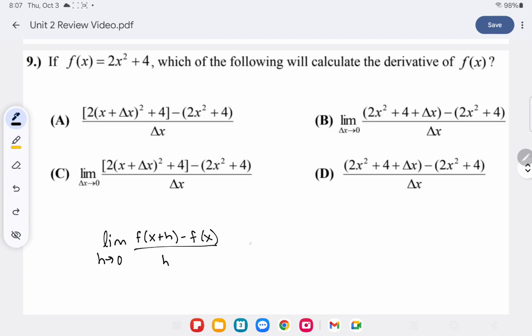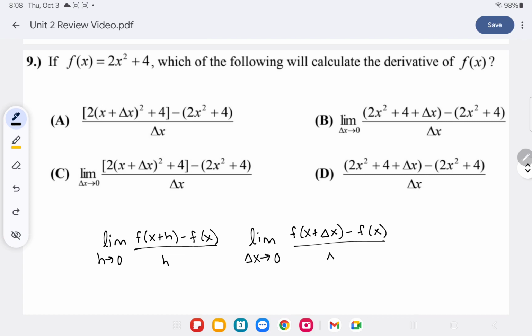But here it's set up a little bit different. Instead of h approaching 0, we're saying the change of x is approaching 0. And so it's the same thing as what we practiced. It's just all of the h's are being changed in notation to the change in x instead.